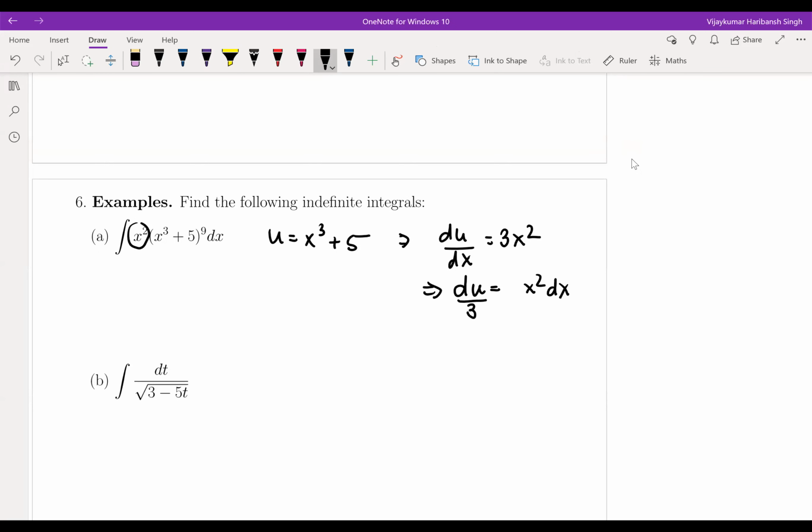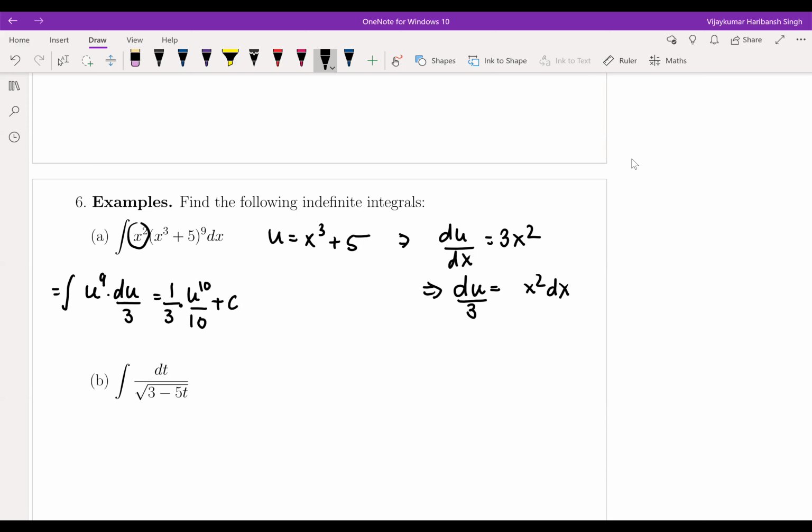Now this integral can be replaced by the integral. Instead of x cubed plus 5, I'm going to write u, so u to the power 9. And instead of x squared dx, I'm going to write du by 3. So this is going to be 1 by 3 times the integral of u to the power 9, which is u to the power 10 by 10 plus c.